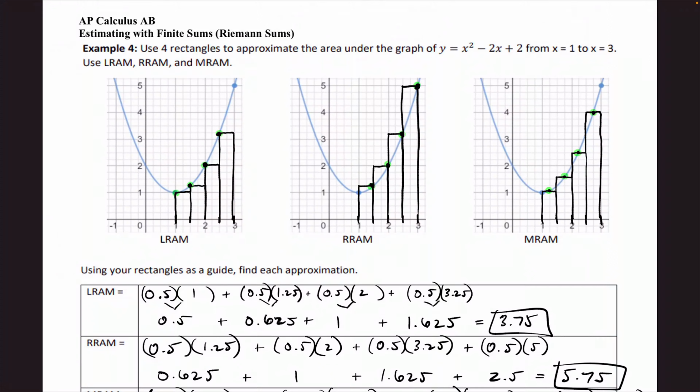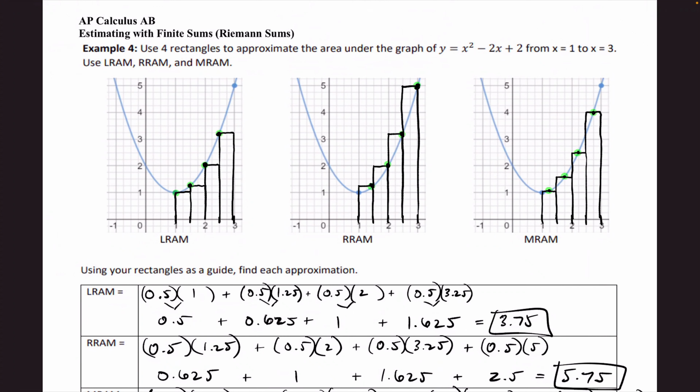I just want to figure out how I would do it. If they gave you, let's say, LRAM, is it going to be an overestimate or an underestimate? How would I figure that out? Or the same thing for RRAM. Over or under?